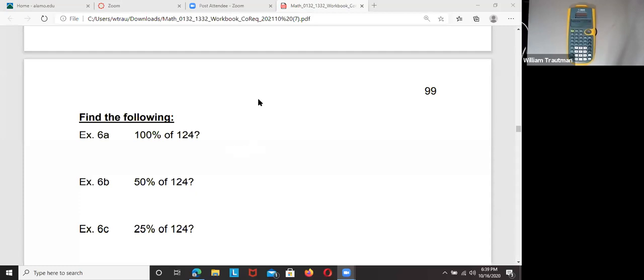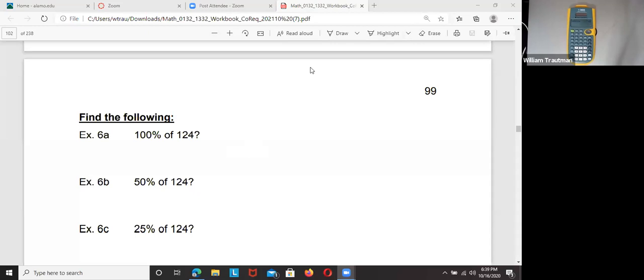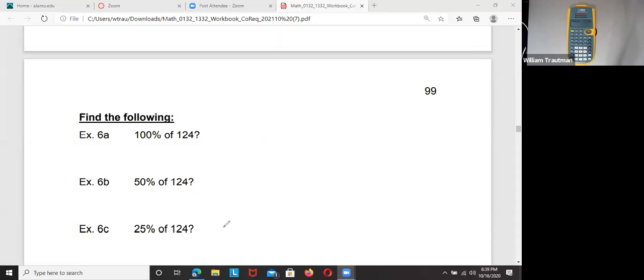And then finally, 25% of 124. Let's put that in the calculator. I'll just do it. 25 second percent times 124 is 31.